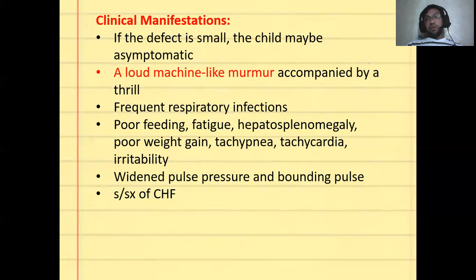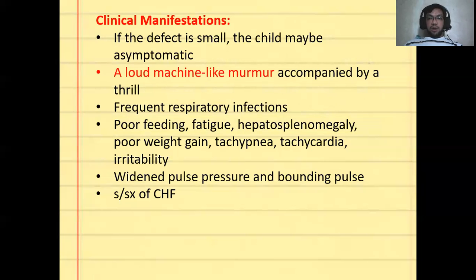There might be hepatosplenomegaly, poor weight gain, tachypnea, tachycardia, and irritability seen in the child. There's a wide pulse pressure, and a bounding pulse may be felt from the child. So this one usually closes as well around 8 to 12 weeks after birth. But if it doesn't close, surgical attention may be needed.